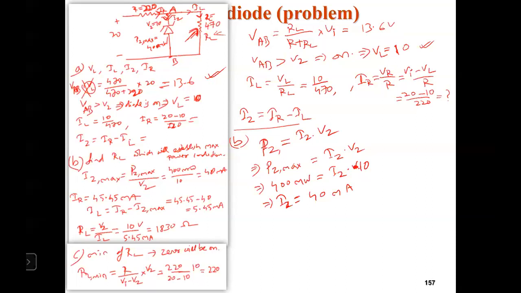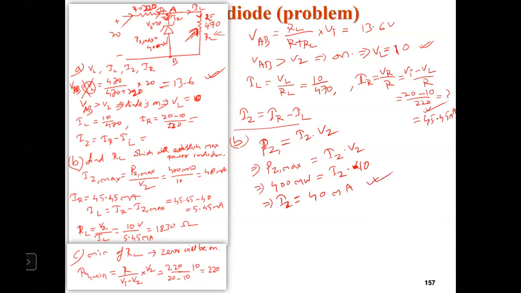Here IR is already fixed, which is calculated here. If you calculate 20 minus 10 by 220, it was coming 45.45 milliampere. So I know this value: the current across the 220 ohm resistance is 45 milliampere. Then IZ I also calculated, equal to 40 milliampere.